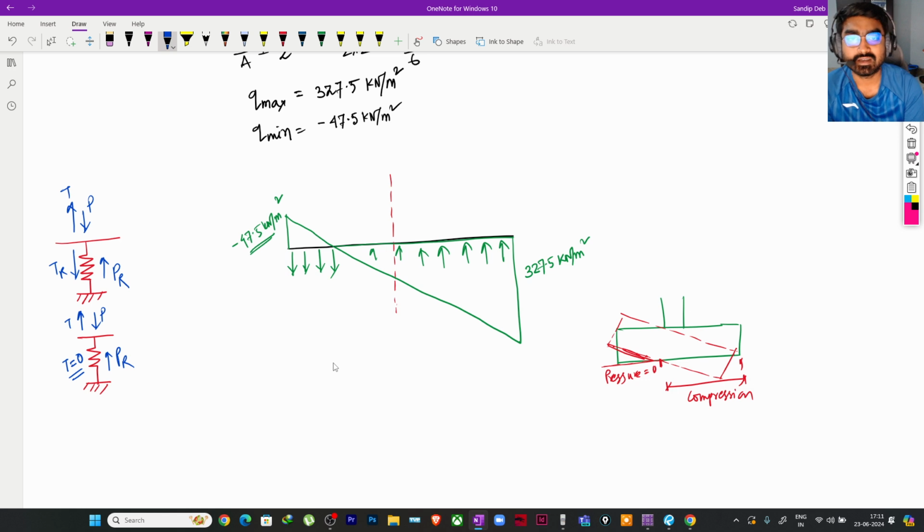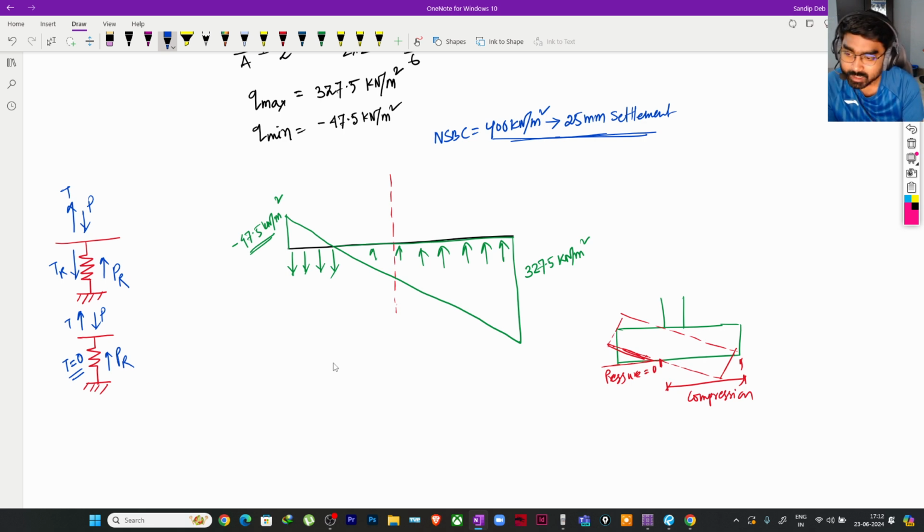So for this example, let us take a net SBC of 400 kilonewton per meter square subjected to 25 mm settlement. In the software program, we'll be defining the subgrade modulus or the spring constant using this particular value.